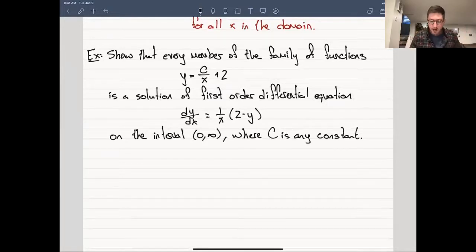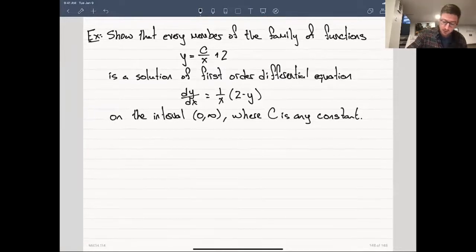So how do we check if y equal to c over x plus 2 is a solution to this differential equation? Well, if I take the derivative of y with respect to x, that should equal the right-hand side of the differential equation, 1 over x times 2 minus y. So essentially, this becomes sort of like a left side, right side problem. So left side.